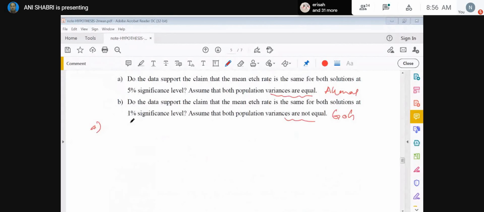So mu A, again mu. Not equal mu. Okay, from here, I'm going to get SP is equal. Berapa dapat? 0.0. Okay, from here, we must use T.